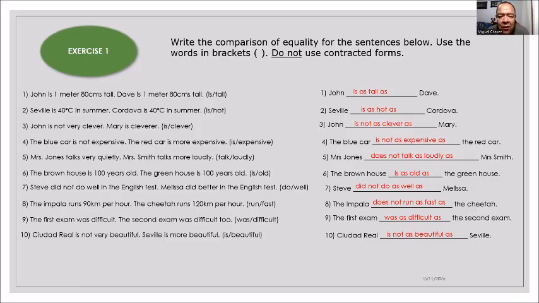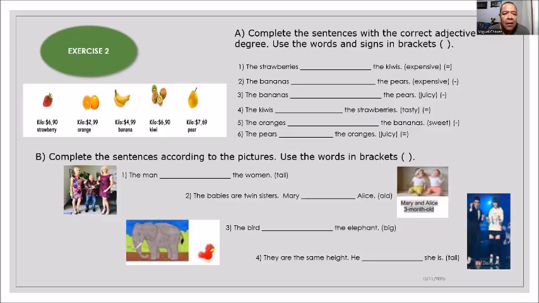Let's check the second exercise. Exercise number 2, letter A, complete the sentences with the correct adjective degree. Use the words and signs in brackets. Look at the picture. Number 1, the strawberries are as expensive as the kiwis.